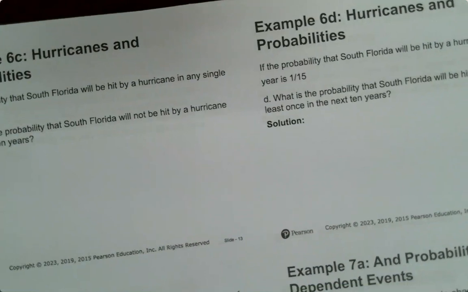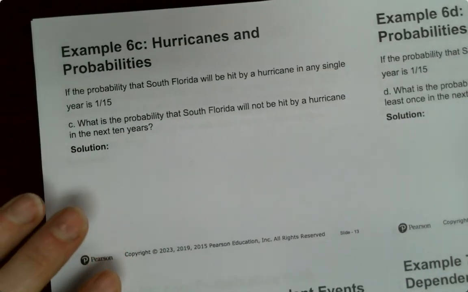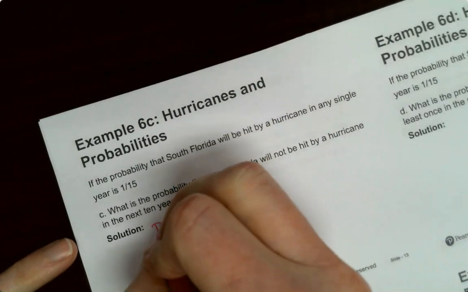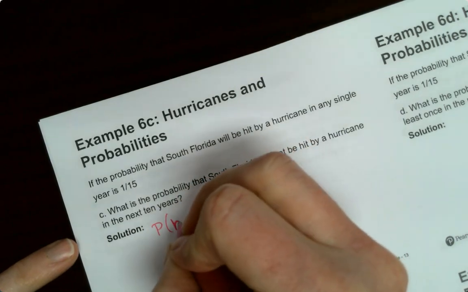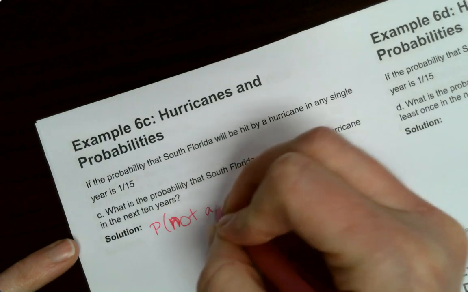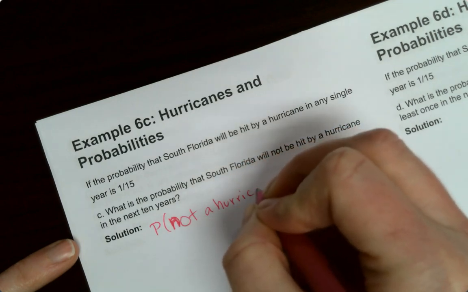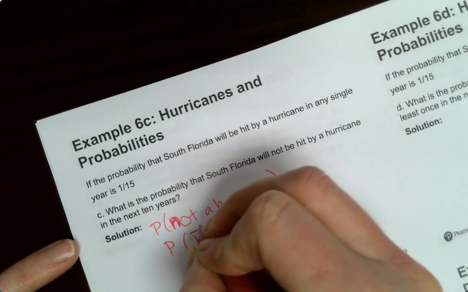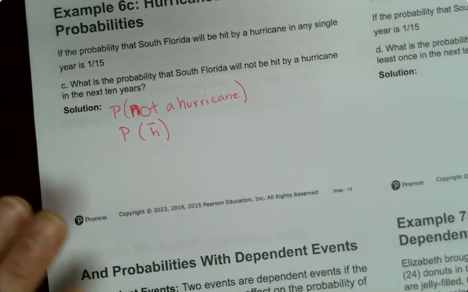Let's see what's up next. What's the probability that it will not be hit by a hurricane in the next 10 years? So, probability of not a hurricane, this is called the complement, not a hurricane. So I could actually write this like this. That's the complement of a hurricane.